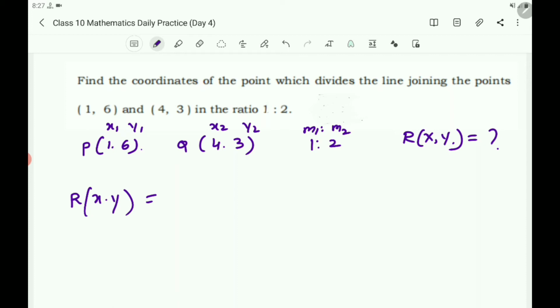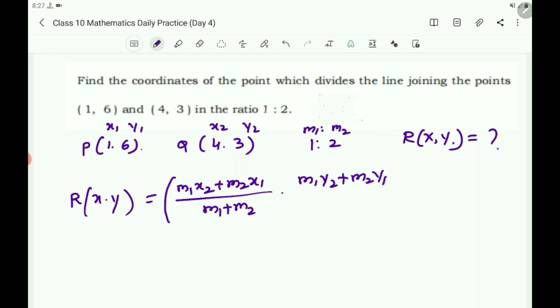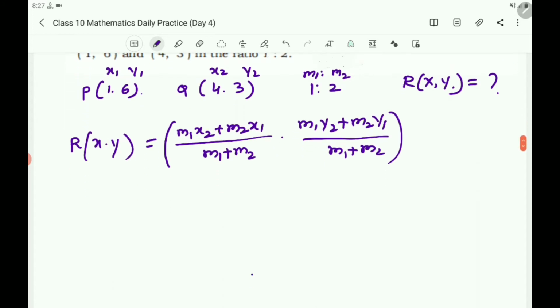The formula to find the coordinates of the point which divides the given line in the given ratio, you know, the formula is (m1 x2 plus m2 x1) by (m1 plus m2) and (m1 y2 plus m2 y1) by (m1 plus m2). Then you substitute the values of m1, m2, x1, x2, y1, y2.